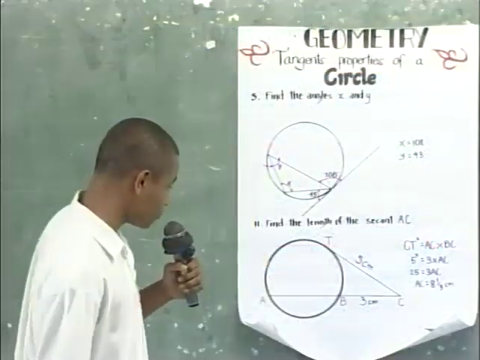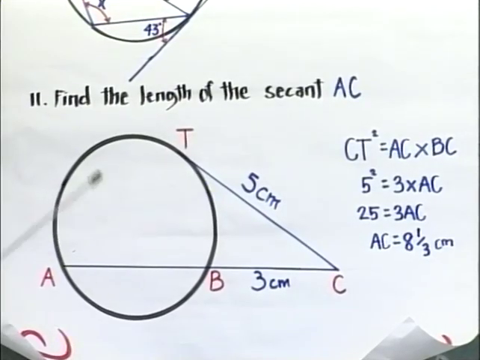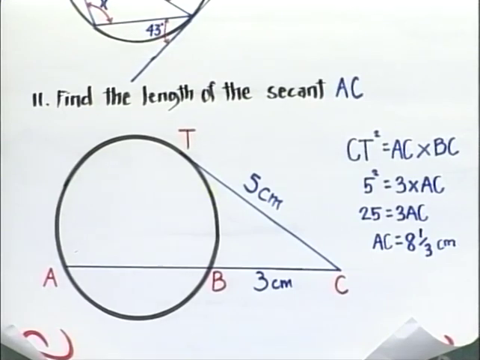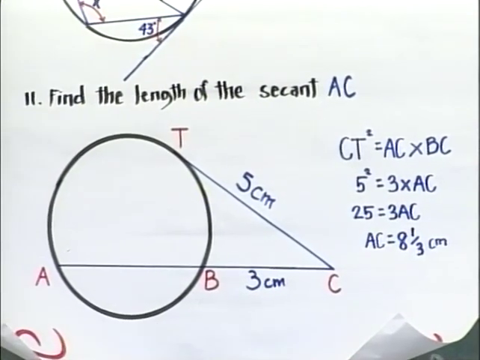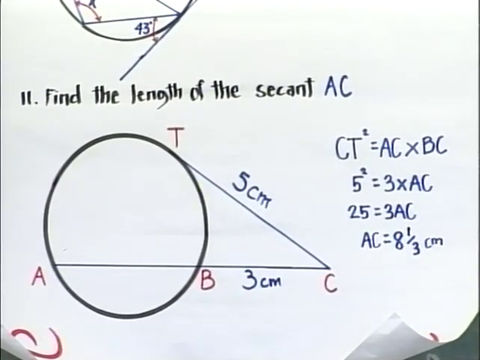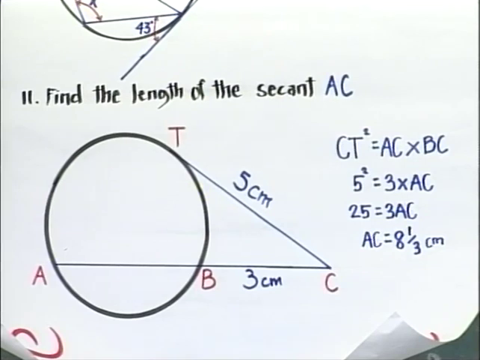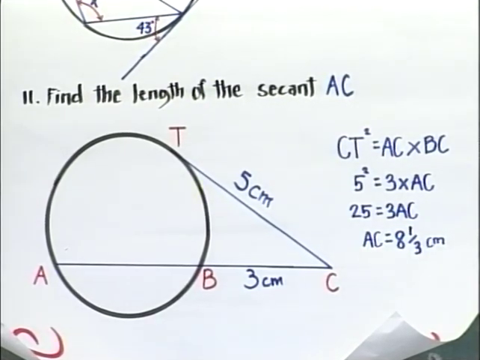The property to find this length is property number 6, which states that if from a point outside a circle, two lines are drawn, one a secant and the other a tangent to the circle, then the square of the tangent is equal to the rectangle contained by the whole secant.